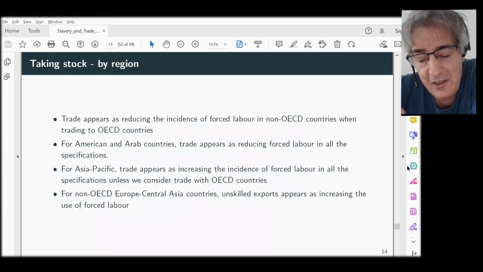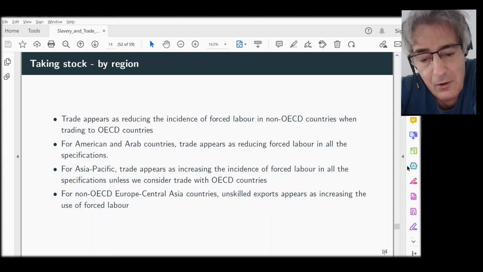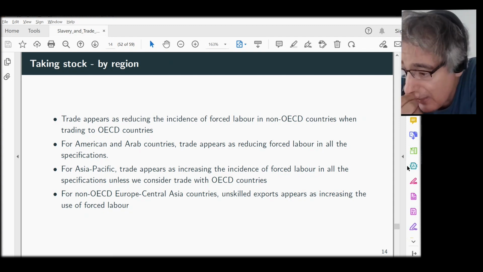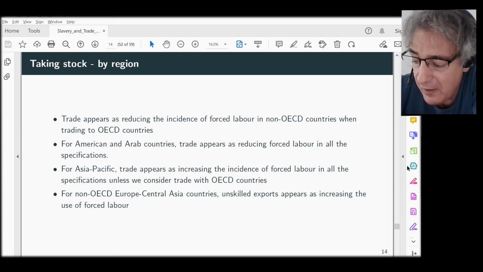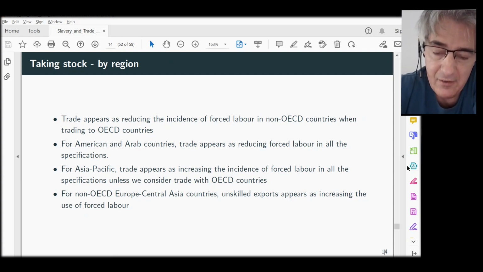So you have these conditions. What could be behind this? If you want to emphasize something more general, taking stock of these results and seeing the effect of the OECD, this is suggesting something, right? So why would engaging in trade with OECD countries affect forced labor in a way that reduces modern slavery in the trading countries?